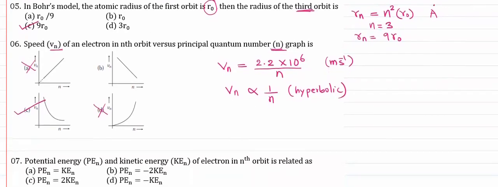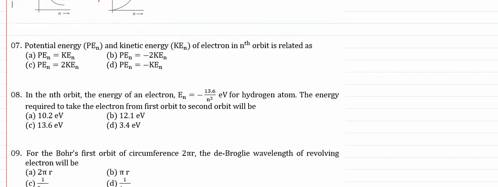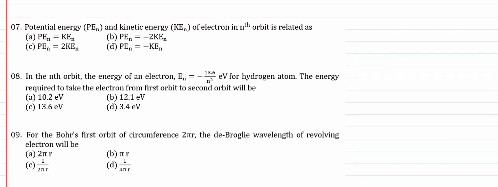Next, potential energy and kinetic energy of electron in nth orbit is related as. In general, you remember these relations. Kinetic energy is given by half mod of potential energy.